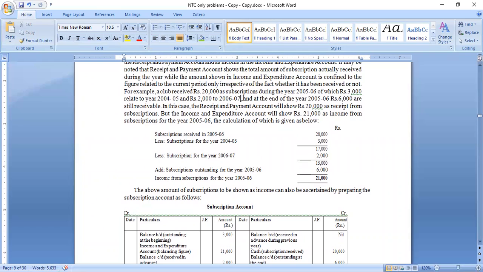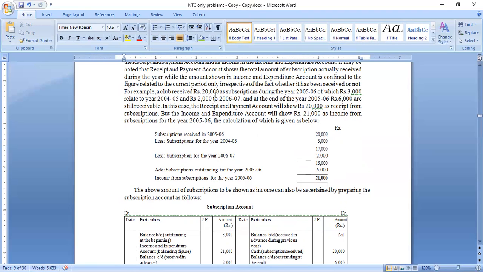At the end of the year 2005-6, 6,000 is still receivable, in the sense outstanding. Just for the record, they received 20,000 during the year, but we have to record only the current year amount.